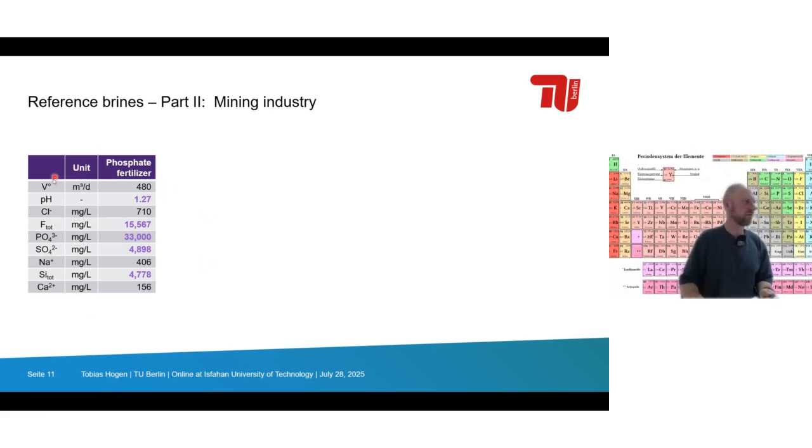It has a moderate volume flow, around 500 cubic meters per day. Really low pH. I think it's clear from the production. And then it has 33,000 milligrams, so 33 grams per liter, phosphate, more than 15 grams per liter fluorine, and both sulfate and silicon in a range of 5 grams per liter.